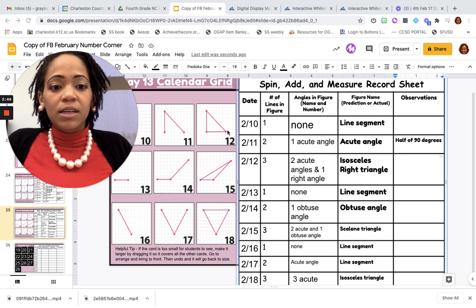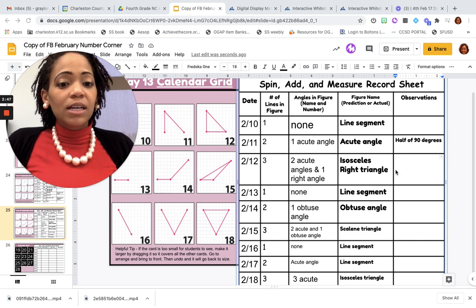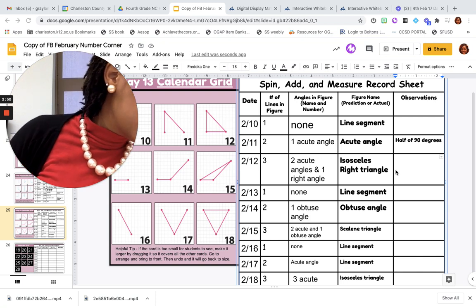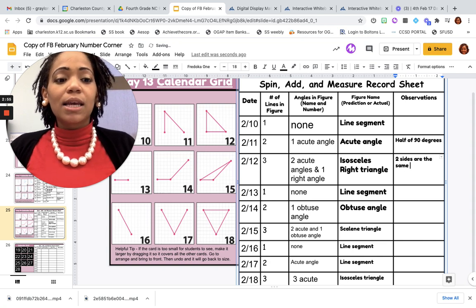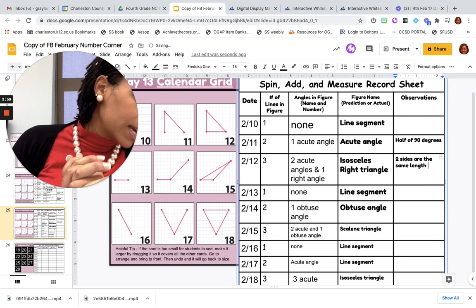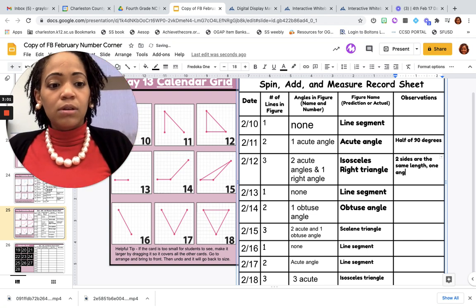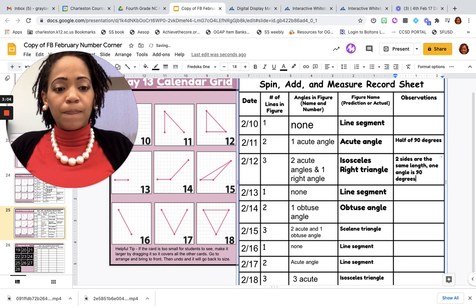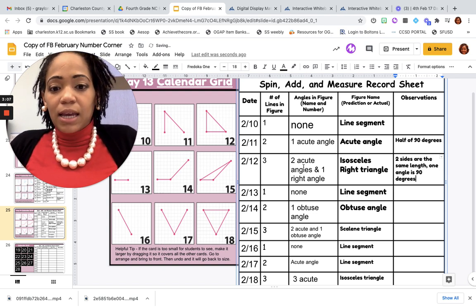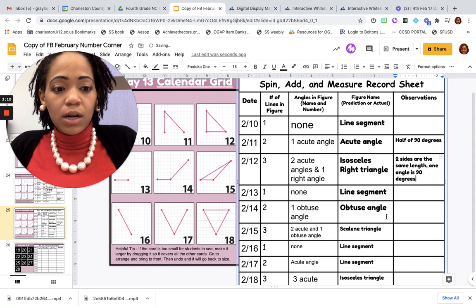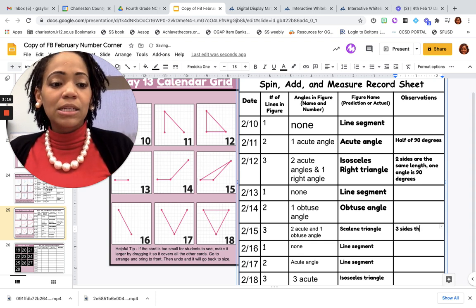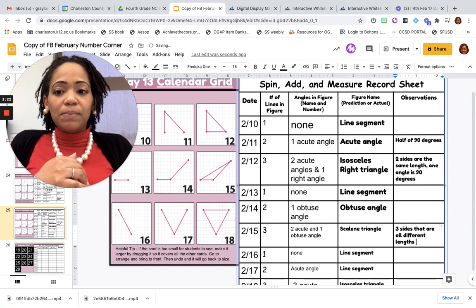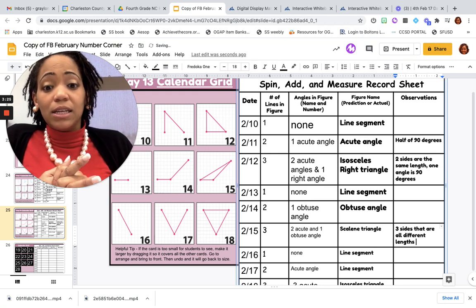So we have the 11th, and then we have the 12th. It has a right angle. And we call it isosceles because 2 sides are the same length. That's what makes it isosceles. And then 1 angle is 90 degrees. All right, so I can say similar things for this one. We have 3 sides that are all different lengths, and that's what makes it a scalene triangle.